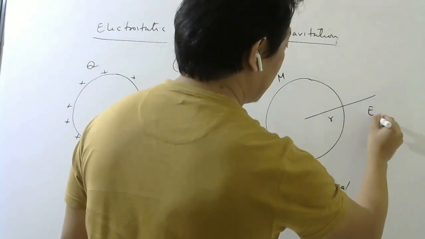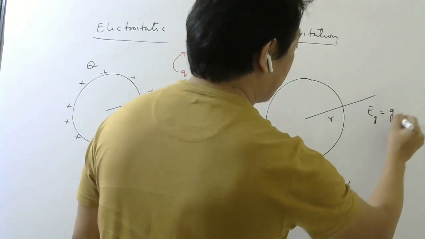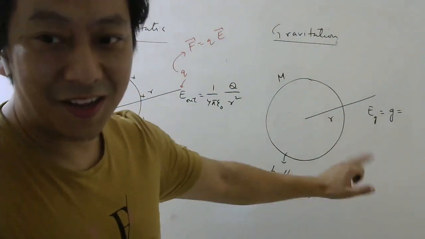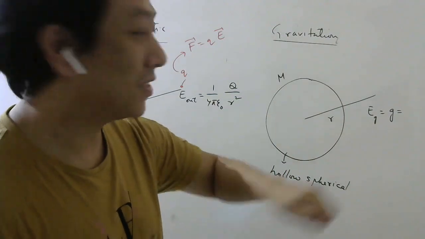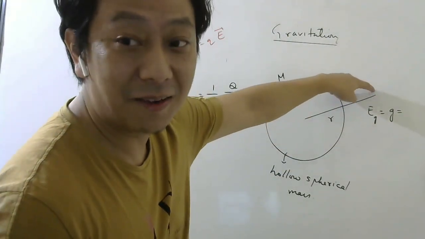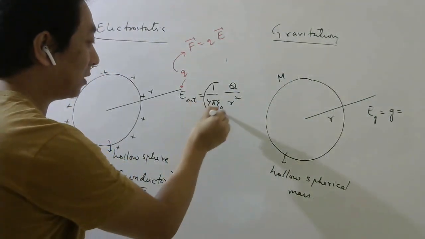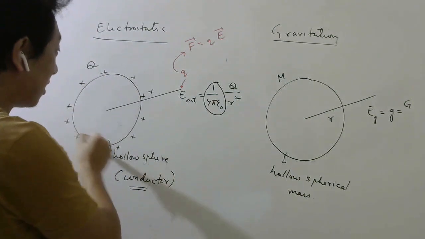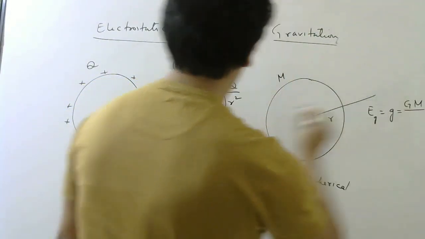Either I can write Eg or just G, magnitude only, because gravitational field is force per unit mass, and force per unit mass is acceleration due to gravity at that point. So this G should be replaced by G, and the source charge should be replaced by the source mass, divided by r square.